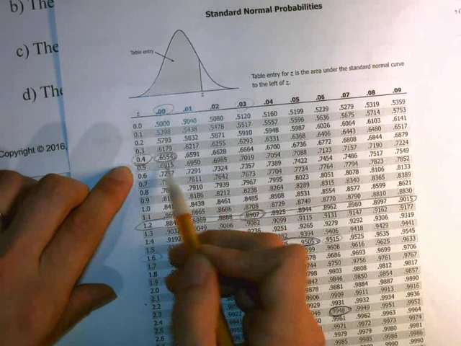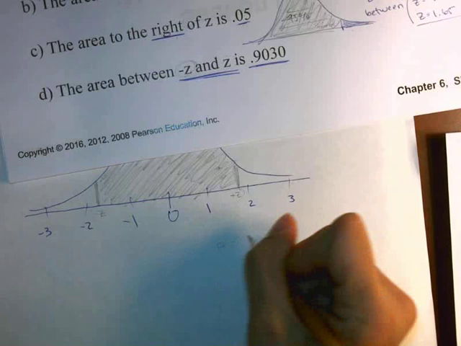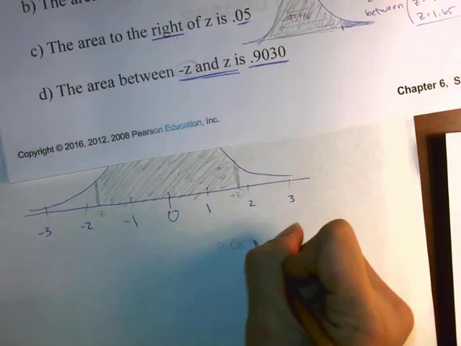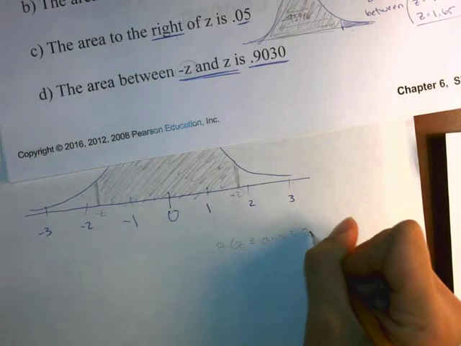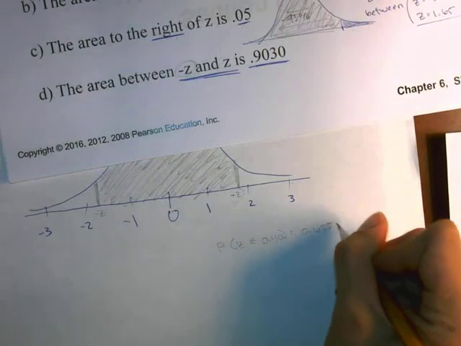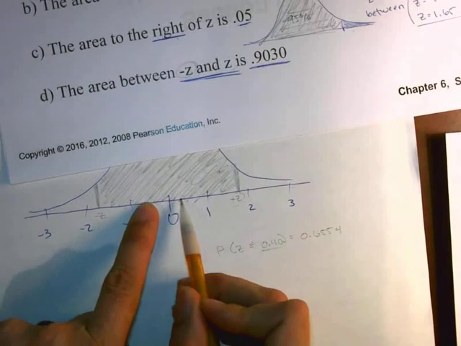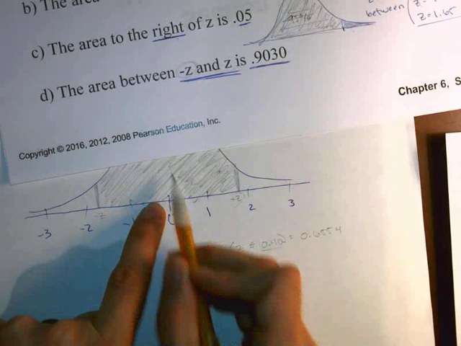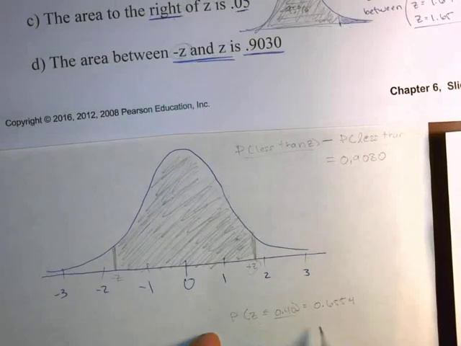I'm going to look right here, and I see that P of z less than or equal to 0.40 is 0.6554. 0.4 is clearly not the right z value. If I put 0.4 in here, there's no way that would be 90% of the data.